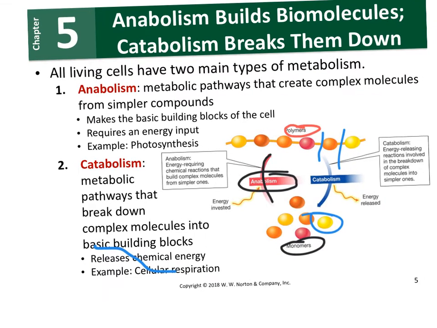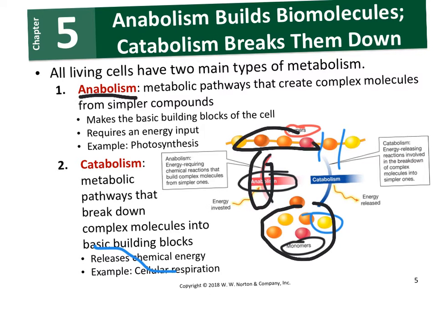So when a reaction happens in metabolic pathways that takes simple things and makes them into more complex molecules, that's called anabolism. That creates complex molecules from simpler ones, namely, like I showed here, monomers that are strung together using energy into polymers.